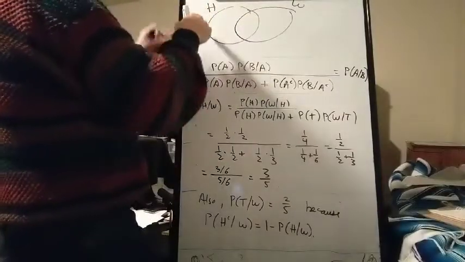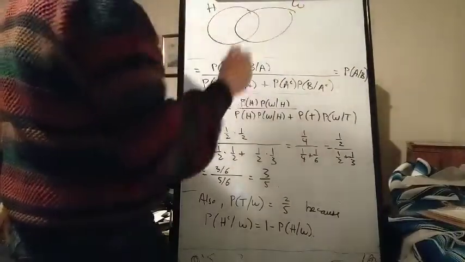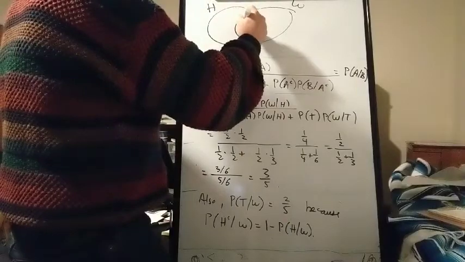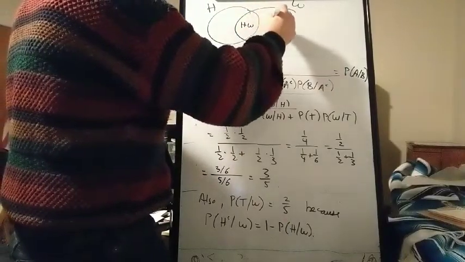So here's the event H in this circle, the event W in that circle. Here's H and W, and here's H complement and W.